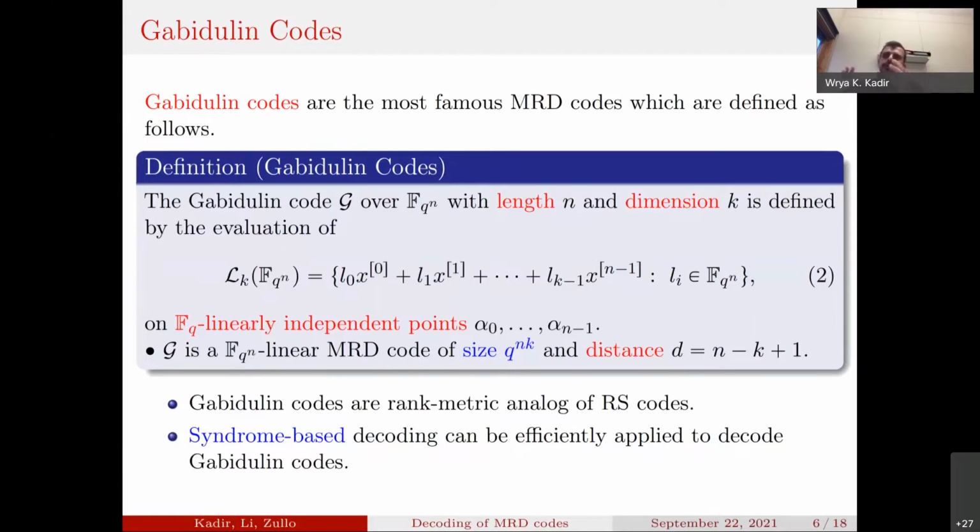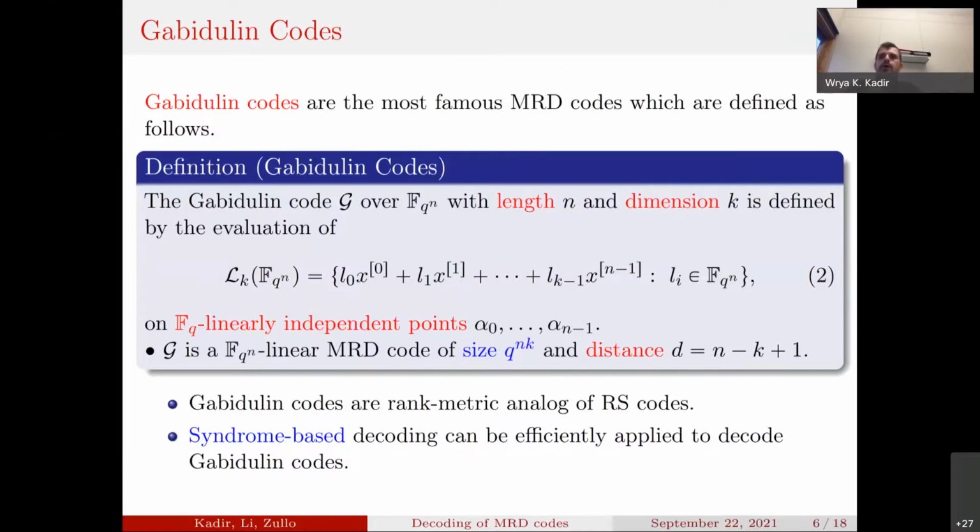In Hamming metric, the evaluation points are distinct points, but here the evaluation points are linearly independent points over F_q. Gabidulin codes are F_{q^n}-linear MRD codes, which means they are linear over the main extension field, and the size is q^{nk}, and the distance is d equal to n minus k plus 1, since they are MRD codes.